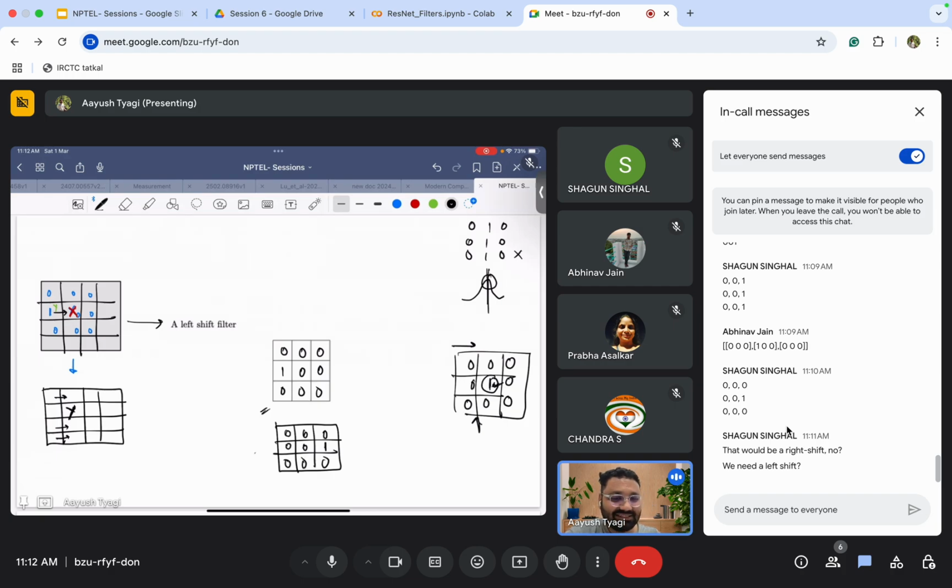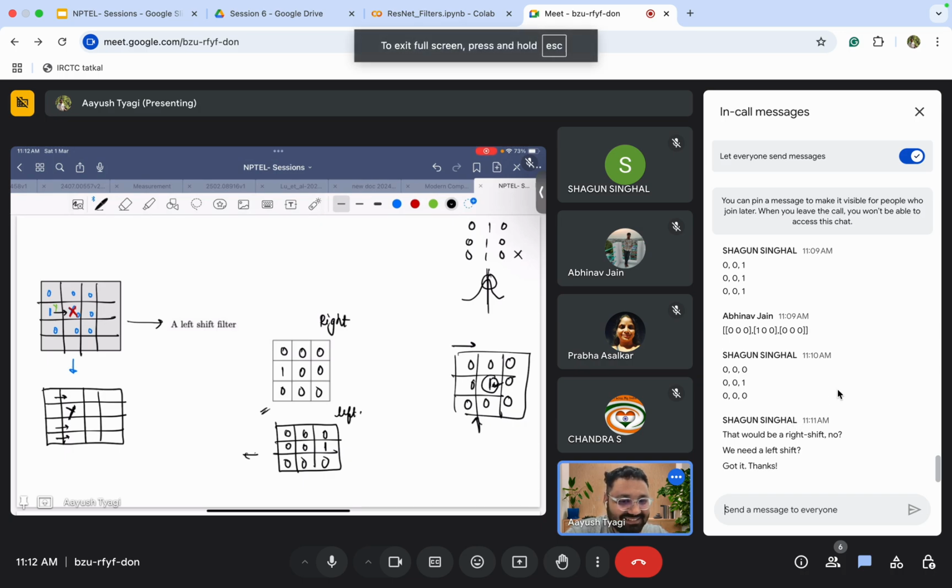So this will essentially move it to the left. Does it make sense right now, everyone? I assume it makes sense, and I think next we move ahead.